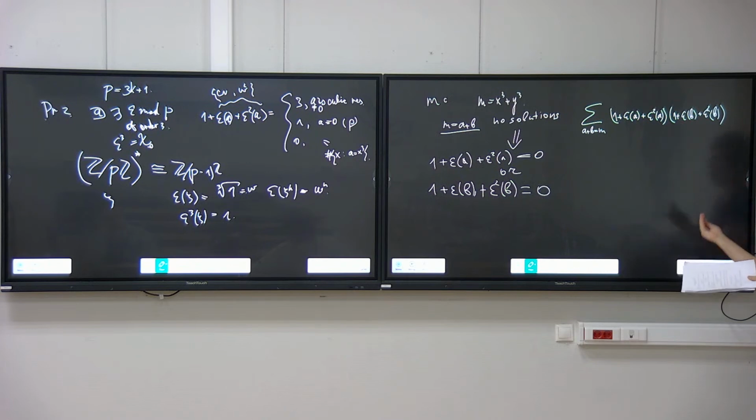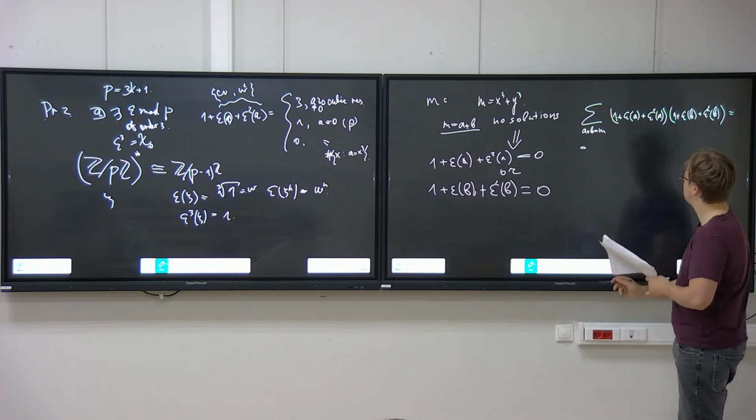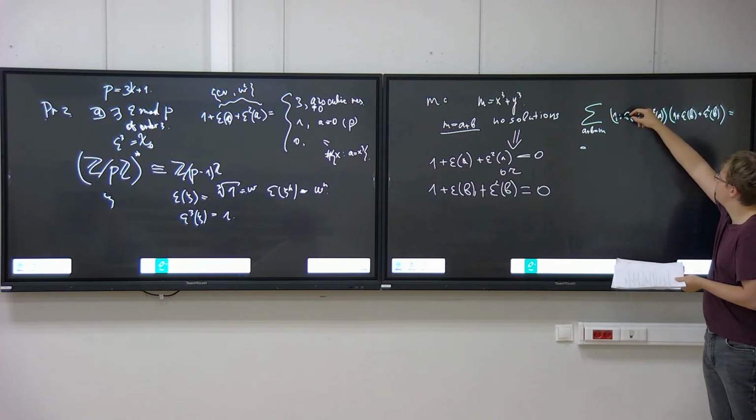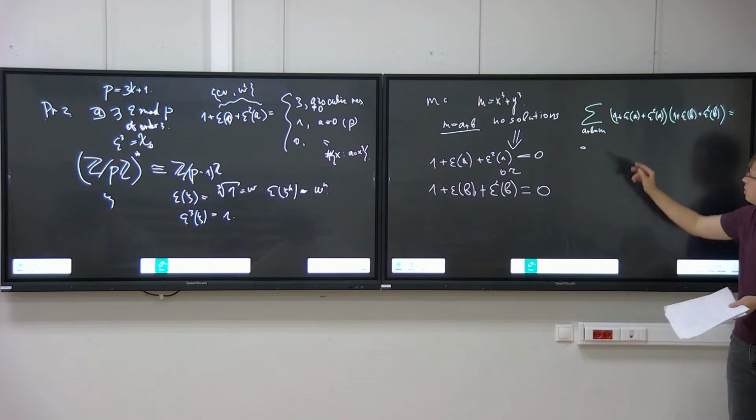Actually, this function counts the number of solutions. X cube plus Y cube is M. Okay, and now we can compute this function. We have 9 sums, but okay, let's first open brackets. 1 will give what?